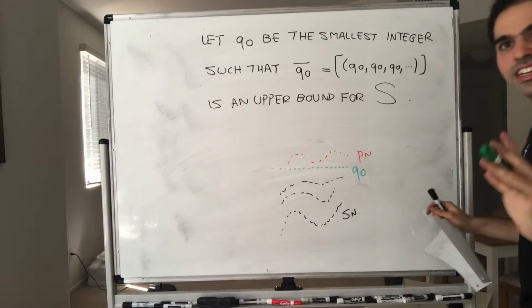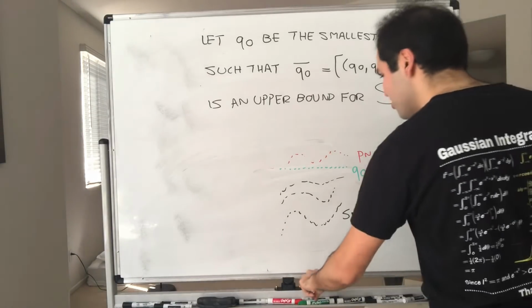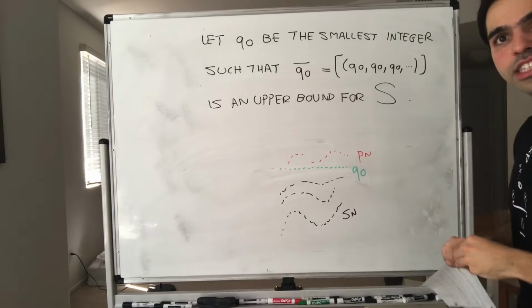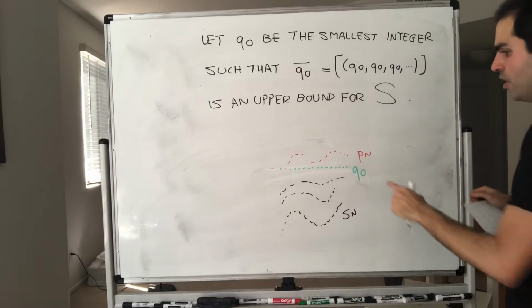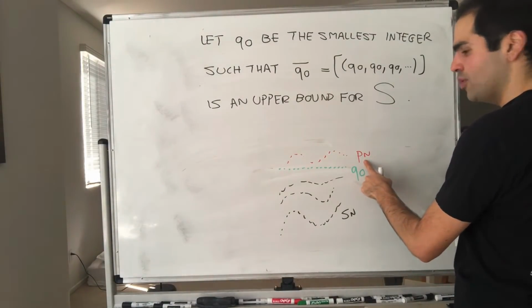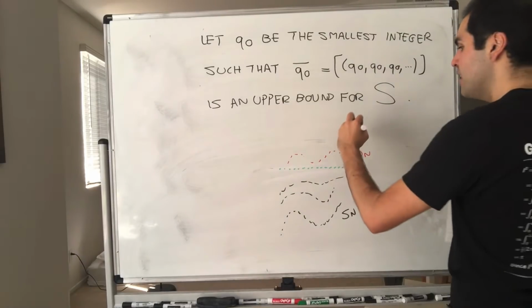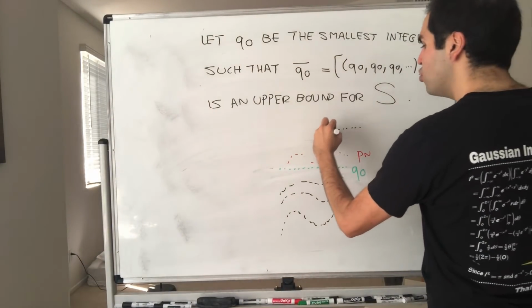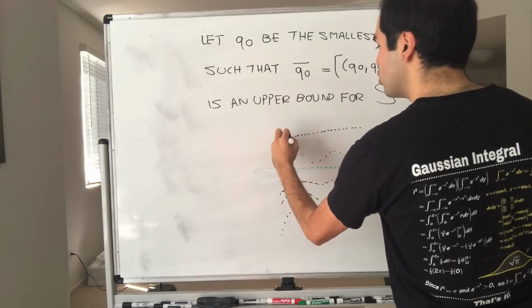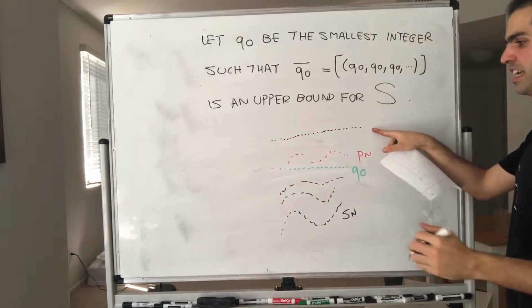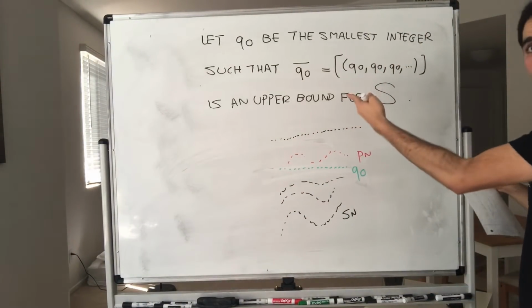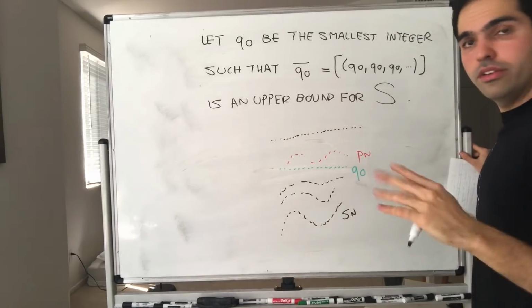However, it's not really clear that such a Q0 exists, but let me show you at first intuitively why it exists. Well, Pn is a Cauchy sequence, so it is bounded, and in particular, we'll be able to find an easy integer that's an upper bound for Pn. So this Q0 is not infinity.